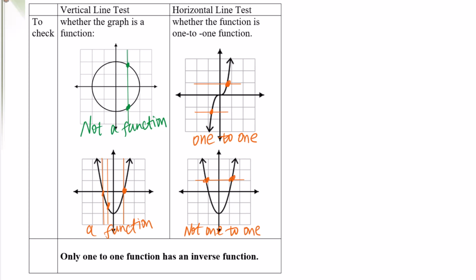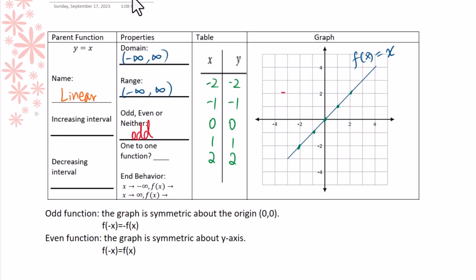Why is one-to-one function so important? Because only a one-to-one function has an inverse function. For any horizontal line, only one intersection, then this function is a one-to-one function.